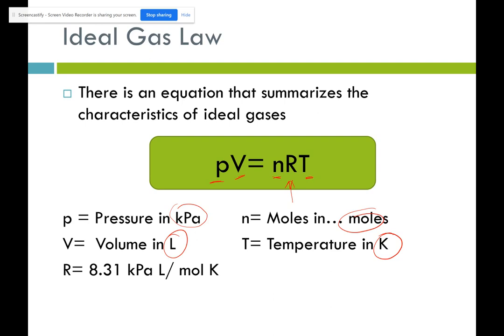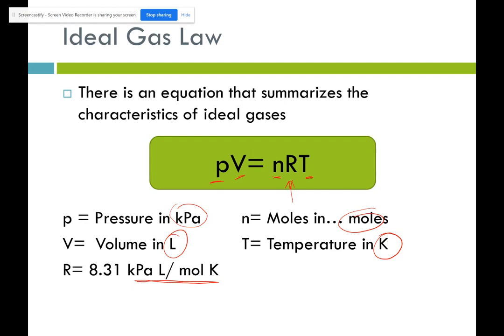Now, if you Google the gas constant, or R, for gases, you're going to see that you may actually find different numbers. Now, what's important though is that the units are really important. In our class, and what's most often used is the gas constant that's in kilopascal liters per mole Kelvin.